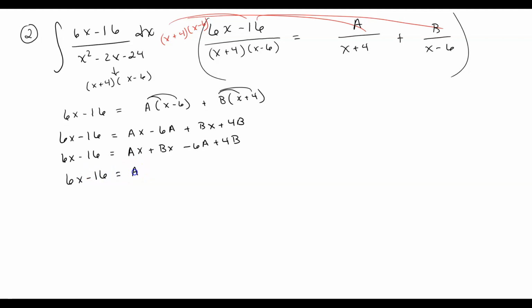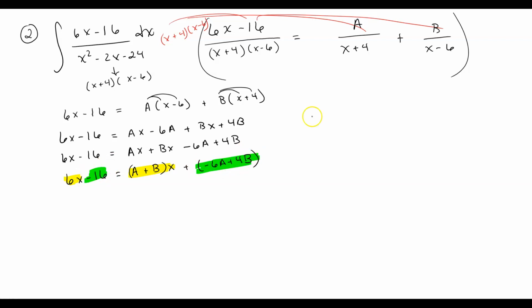First, I factor out the greatest common factor for the first two, which is x. The rest I group together just like this, and I equate the terms. 6x corresponds to this A plus B x, and the negative 16 corresponds to this negative 6A plus 4B part.